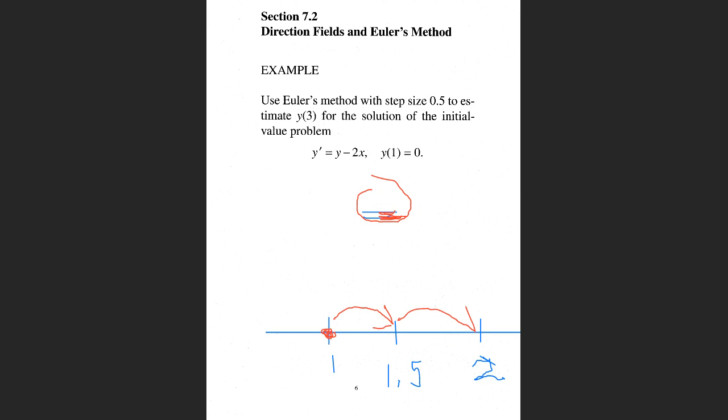Step size is 1/2, so the first step gets you to x equals 1.5. The second step gets you to x equals 2. The third step gets you to x equals 2.5. And the final step gets you to x equals 3. Are there any questions on that?